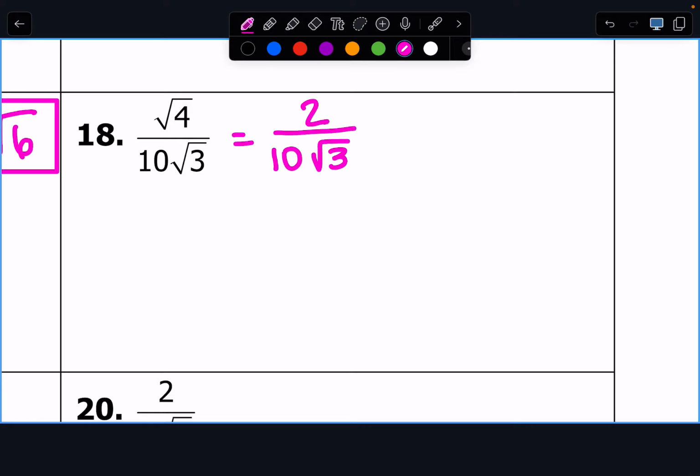I don't want radical 3 in the denominator. Is 10 okay? 10's fine. It's an integer. I just can't have radical 3. So the only thing we need to multiply by is the radical 3. Just the square root. The 10 is just fine.